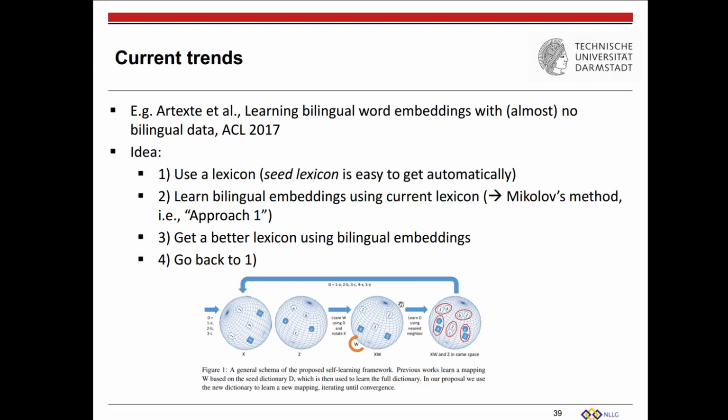Then we rotate the language X space by the transformation matrix. That's the Mikolov method. Once the X space is rotated and the Z space remains, of course, we can plug these two spaces together. They are now in a shared space, maybe not a very good shared space, but an initial shared space.